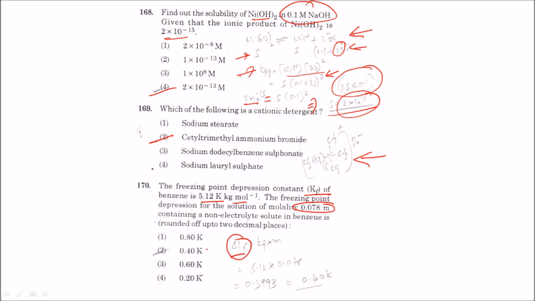We know the formula: delta Tf equals Kf into m, the molality. Kf is given as 5.12 and molality is 0.078. Again direct. Simplifying, you get 0.3993, rounded off to 0.40 Kelvin. So the right answer for this is the second option.